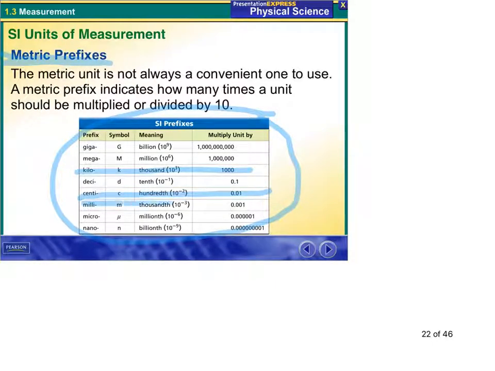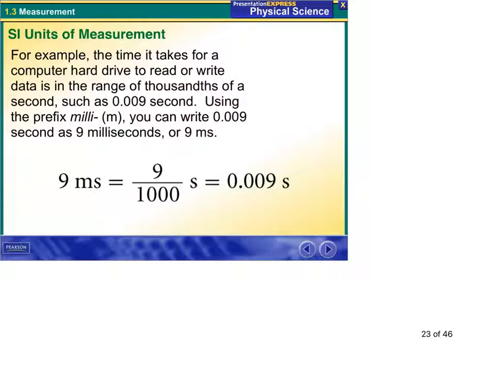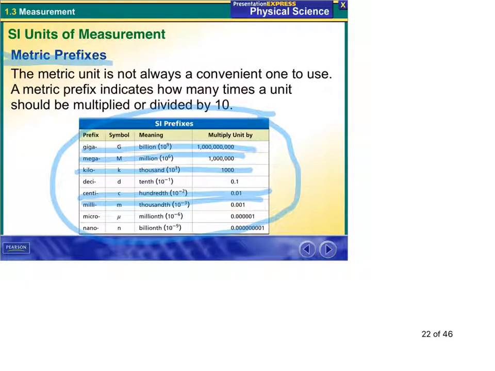Milli is another very common one. In computer technology, you may have heard of mega and giga. There are other ones that are bigger than this, like tera. And some other really small ones, micro and nano, and then there are even smaller ones than that. Make sure you have this chart in your notes, in a very useful place to use it.